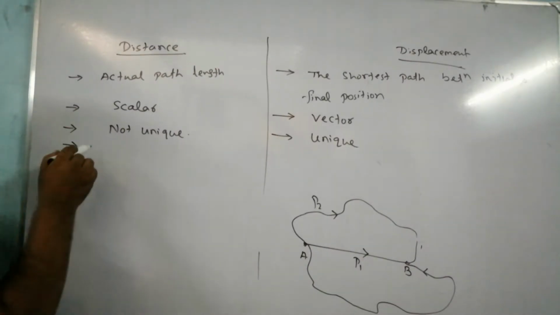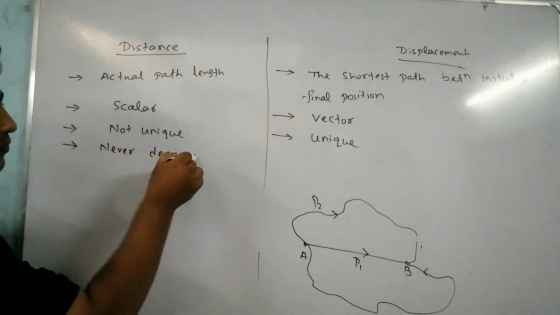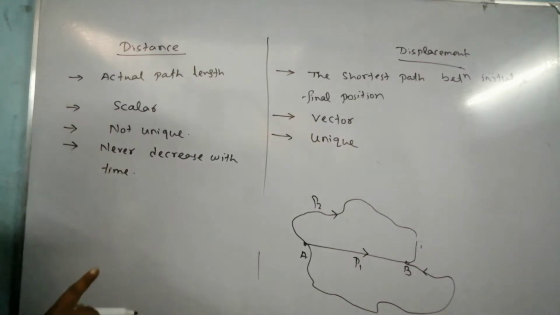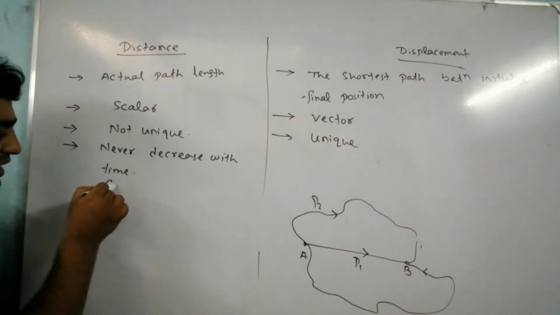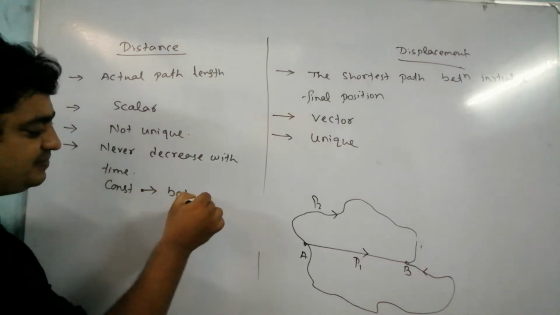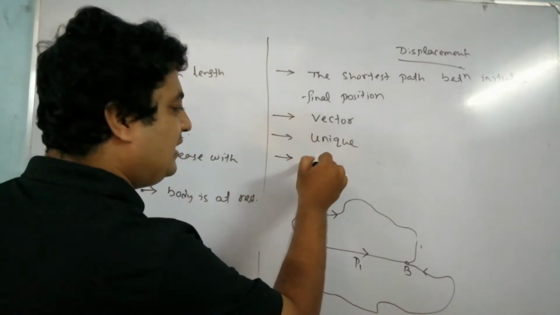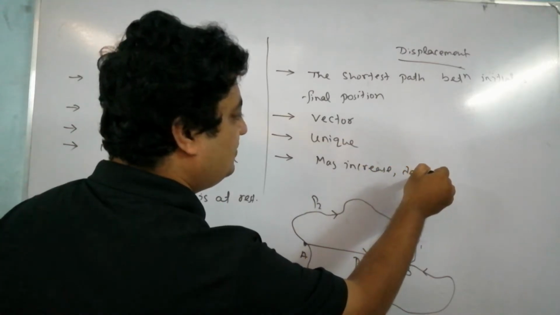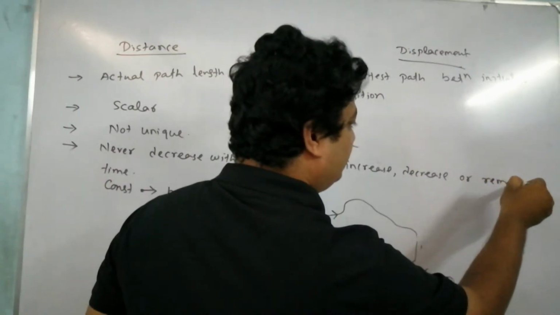Now, distance can never decrease with time. It always increases and it remains constant when the body is at rest. So, if distance remains constant, then we can say body is at rest. But displacement may increase, decrease, or remain constant.